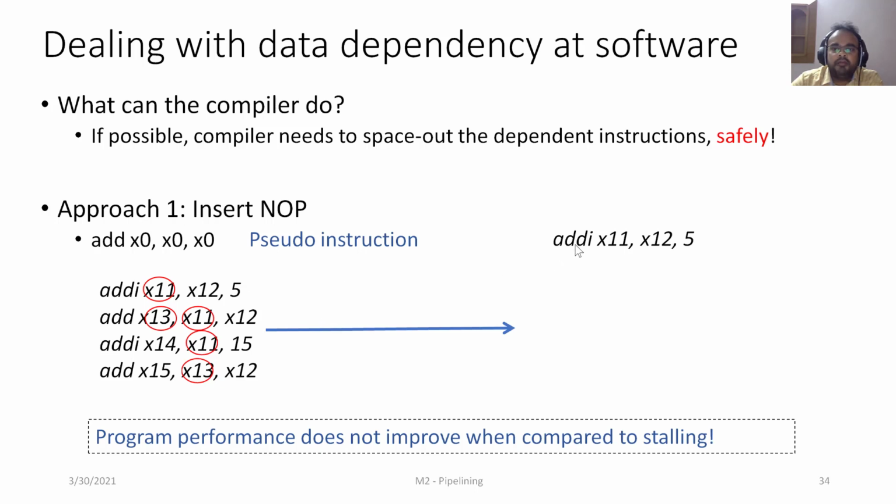So the very first instruction will remain the same, ADDI x11 x12 5. Then we have two no-op instructions. Following that we have the second instruction, which is ADD x13 x11 x12. Then we have the third instruction.